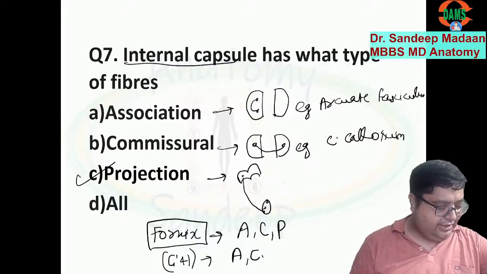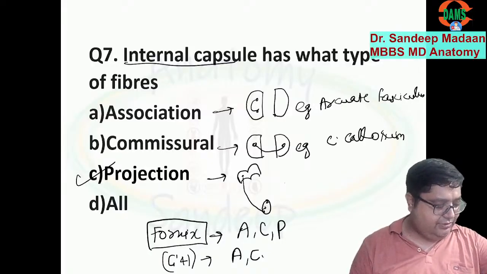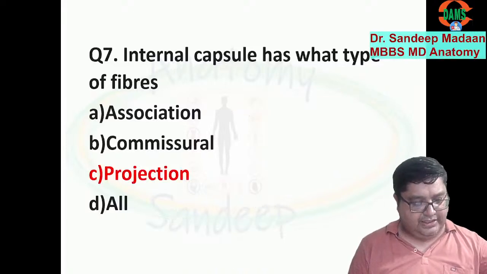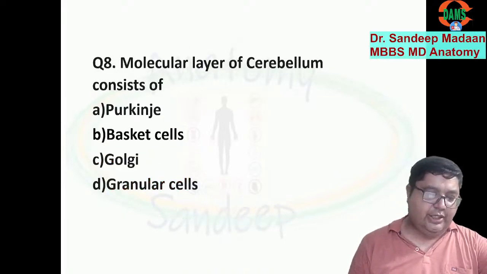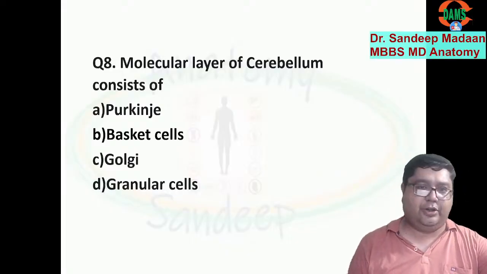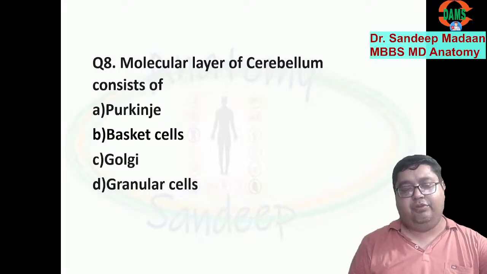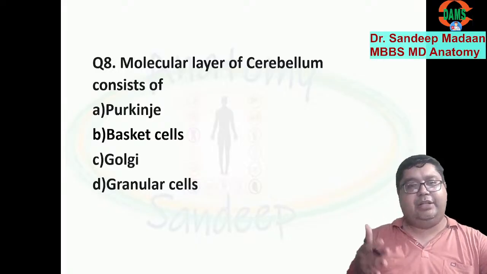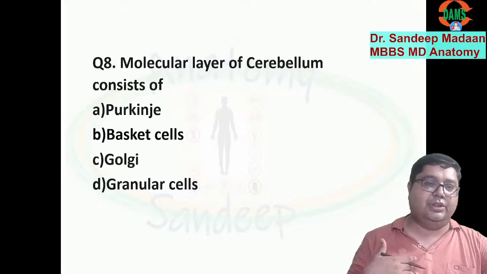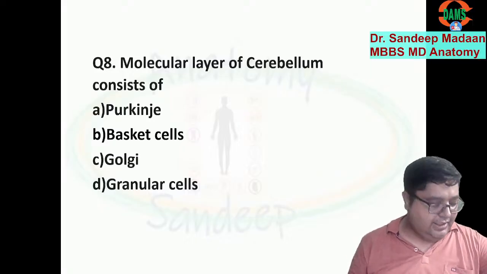Are you able to solve these types of questions now? Confident? Confident in neuroanatomy as well? Yes. Molecular layer of the cerebellum. Cerebellum is one of the very important topics. We must know everything about it: the archicerebellum, paleocerebellum, neocerebellum, the lobes, the deep nuclei and the layers.